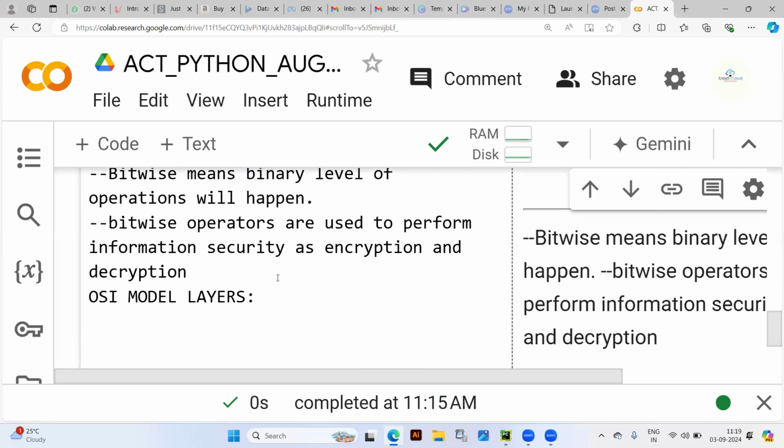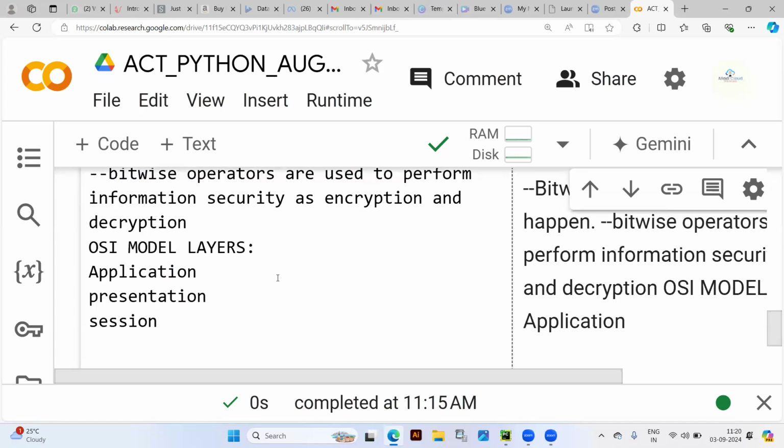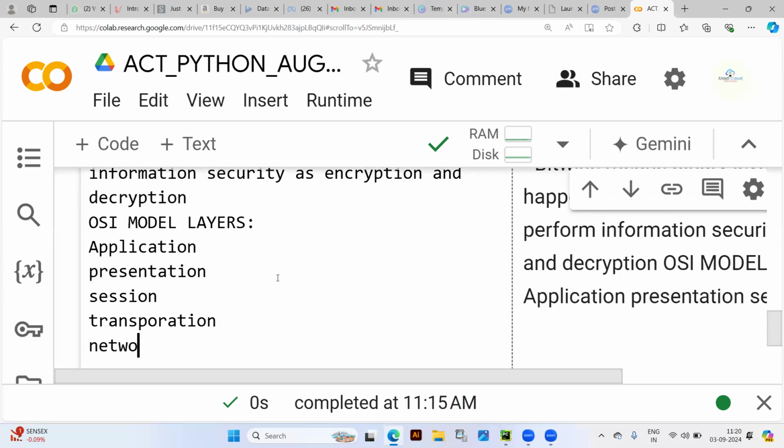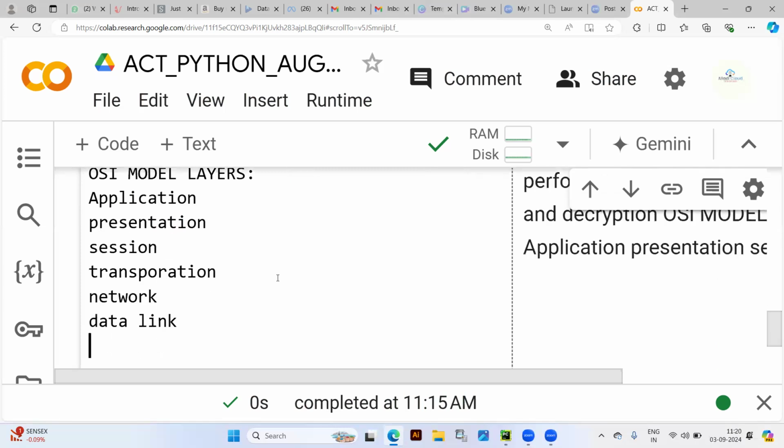They are the application layer, presentation layer, session layer, transportation layer, network layer, data link layer, and physical layer.